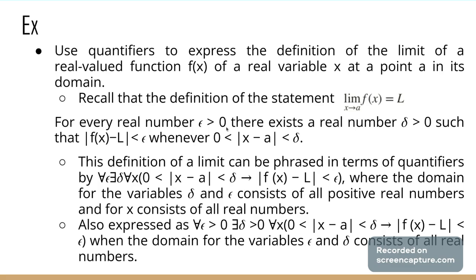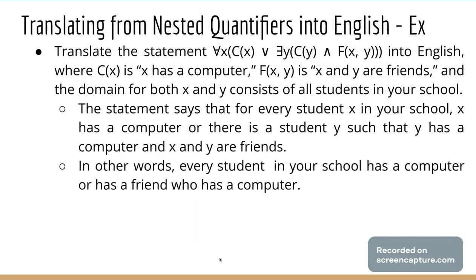Limit x tends to a f of x is equal to L actually means that there exists a positive real number delta and a positive real number epsilon such that absolute value of x minus a is between 0 and delta, such that absolute value of f of x minus L is less than epsilon. Please learn this by heart. Only then we will be able to do the other manipulations with quantifiers.